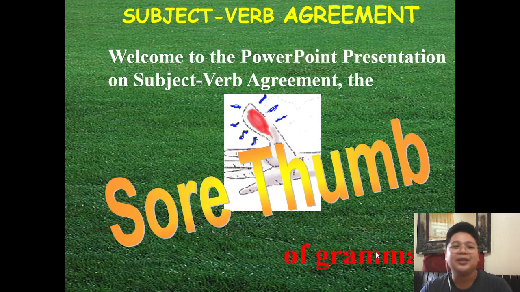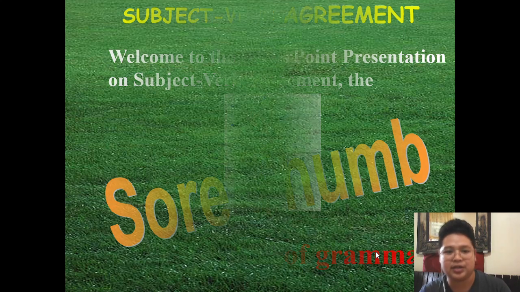Subject verb agreement is associated with the sore thumb of grammar because there are some sentences that when we hear them, it's kind of correct, but usually there are some grammatical errors that occur when you don't follow the different subject verb agreement rules.